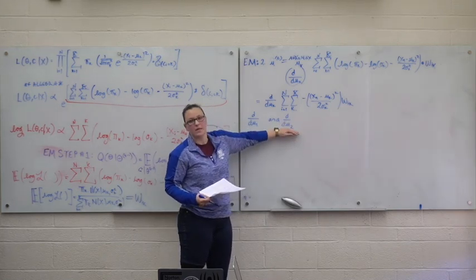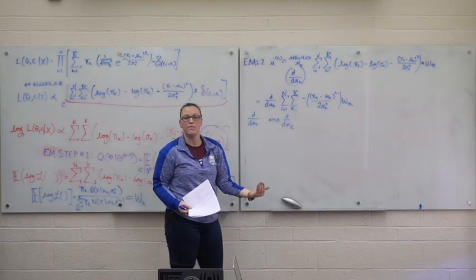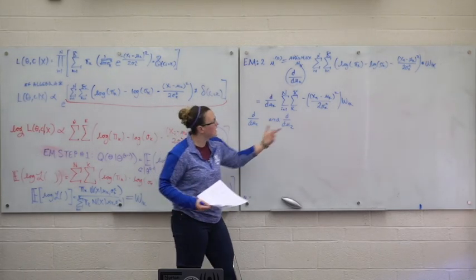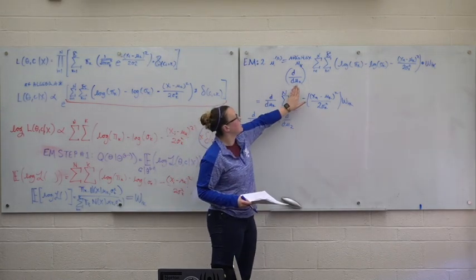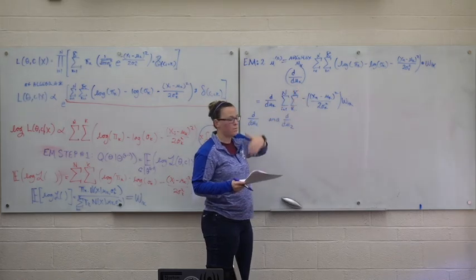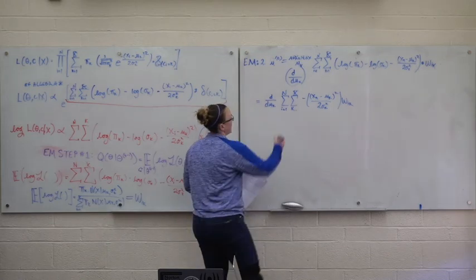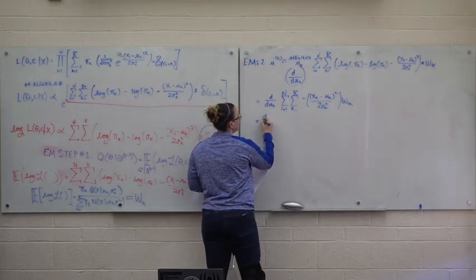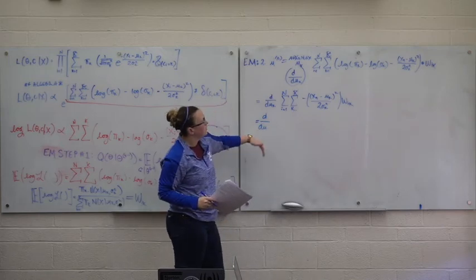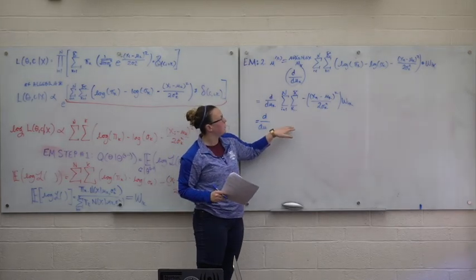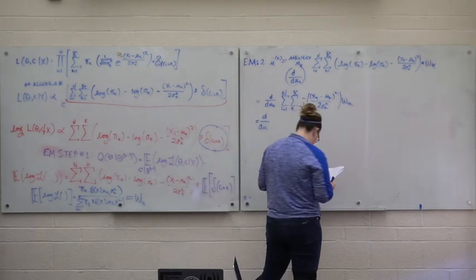Take the derivative with respect to mu 2, set it equal to 0, and find what mu hat 2 is. But since they have the same formula, I'm not going to worry about the k. I just need to worry about taking the derivative with respect to mu, because once we have it, we know our next step will encapsulate it.